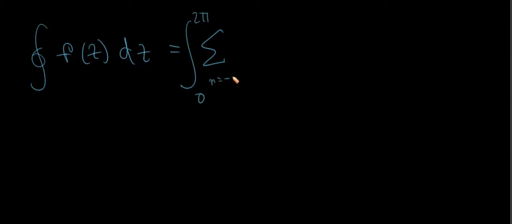The summation is from n equals minus m to infinity of a n times z minus z naught to the power n, and then we have our dz.